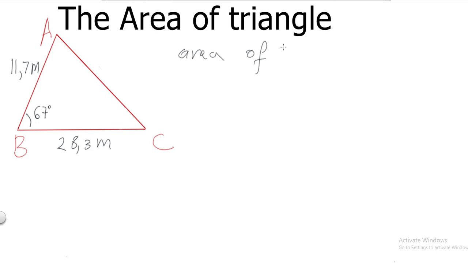So the area of a triangle ABC will be equal to 1 over 2 times 11.7 times 28.3.